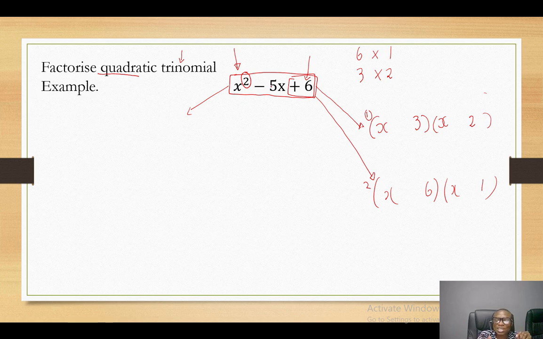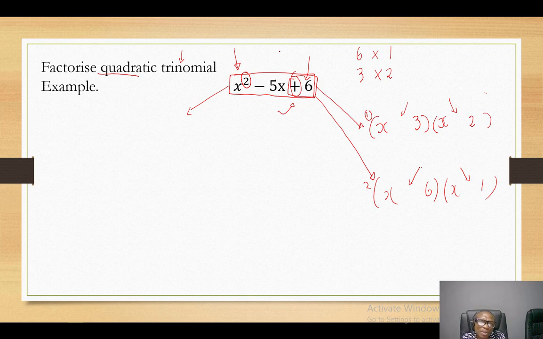This sign tells you that when you are factorizing here in the brackets, the signs must be the same. When the sign of the last term is positive, whichever signs you put inside your brackets, those signs should be the same. And which sign is it? Is it going to be positive, positive? Or is it going to be negative, negative?